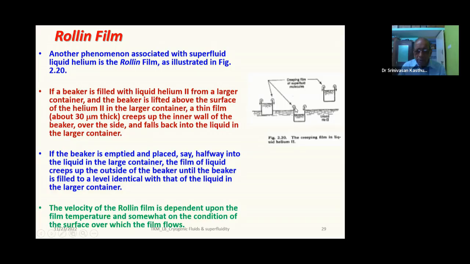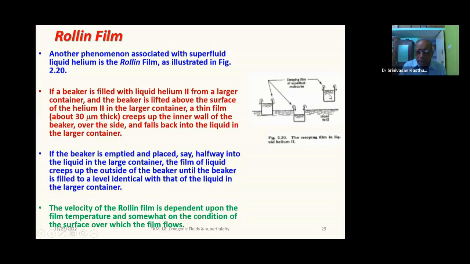On the other hand, if this container is inside the liquid, then liquid from the main pool can enter the container as a film, so the level inside will keep on rising. In the other case the level goes down, whereas in this case the level goes up.